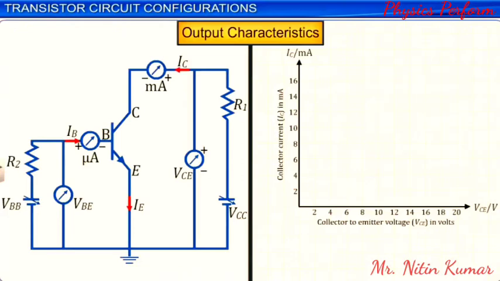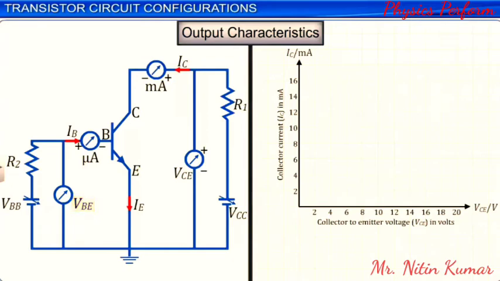The output characteristics of an NPN transistor in common emitter configuration can be studied by plotting the collector current, IC, against collector emitter voltage, VCE, at a constant base current, IB. Since the base emitter junction is in forward bias, a small increase in the base emitter voltage, VBE, increases the hole current from the emitter and the electron current from the base.